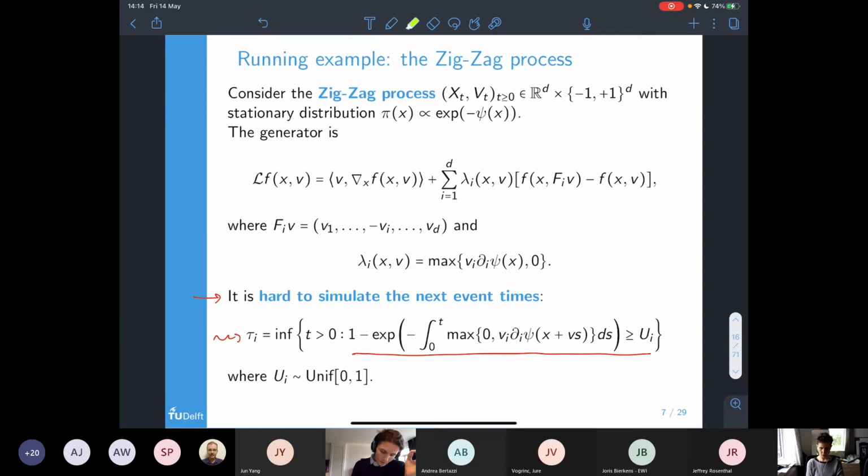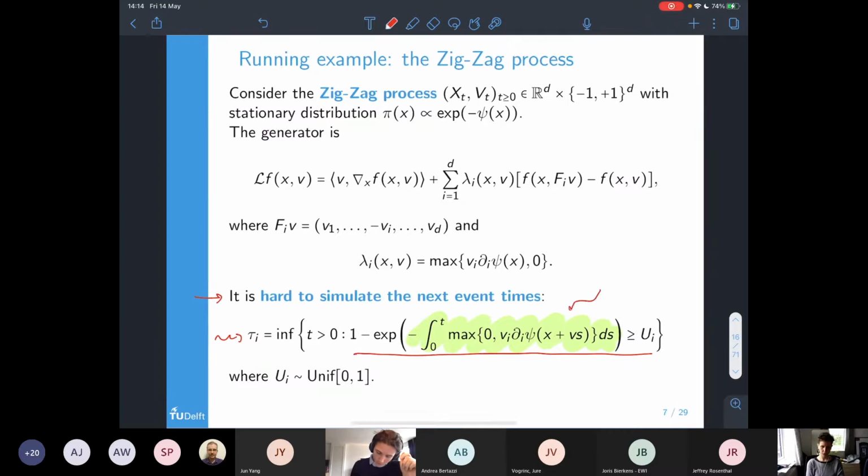The difficult bit in this expression is the exponent, and in particular we have to be able to compute this kind of integral. In the previous notation, this is lambda along the flow, but in this case we're moving only in the position part. And here the U_i are uniform random variables. If we do that, then we indeed have a tau_i that has the correct distribution, as we indicated earlier. So this is a difficult thing to do.